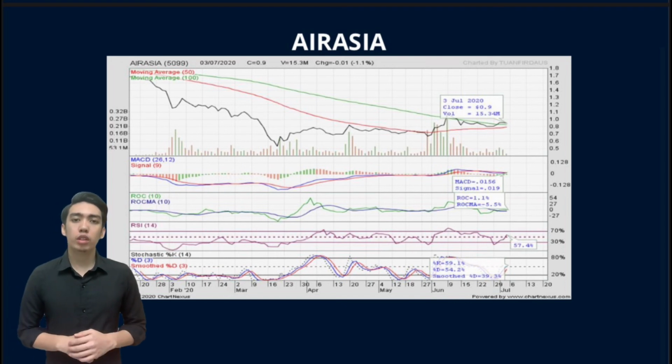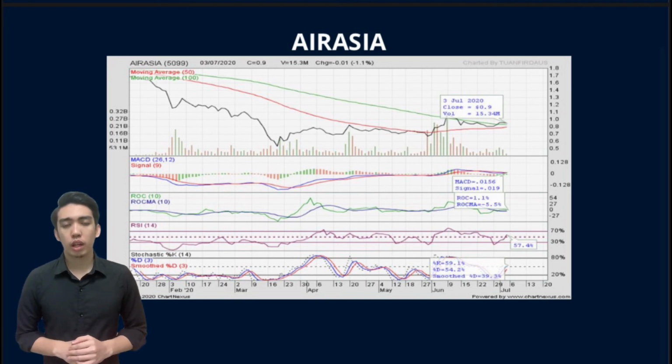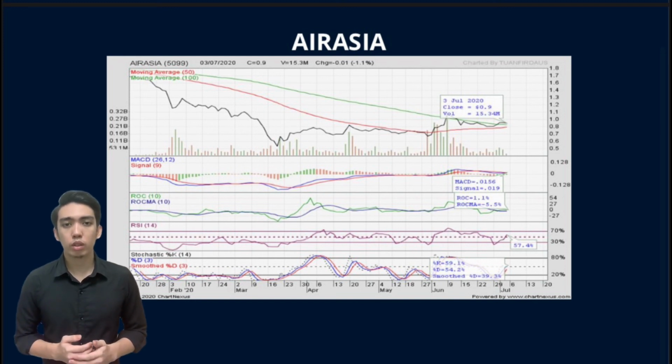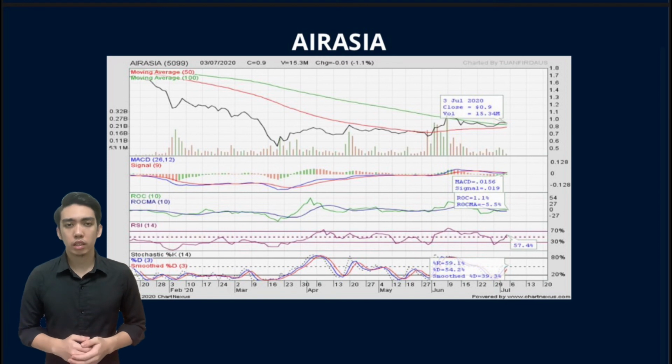It also revealed that the ROC value is less than 0. As a result, it signals a sell signal because the stock has become overbought. Therefore, the ROC and ROCMA crossing on 3rd July 2020 indicates a selling signal.